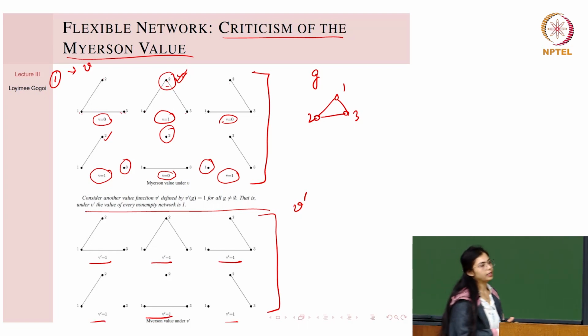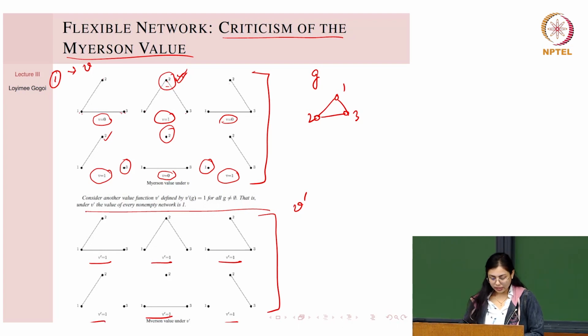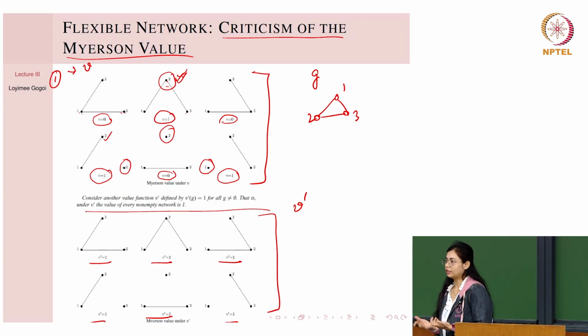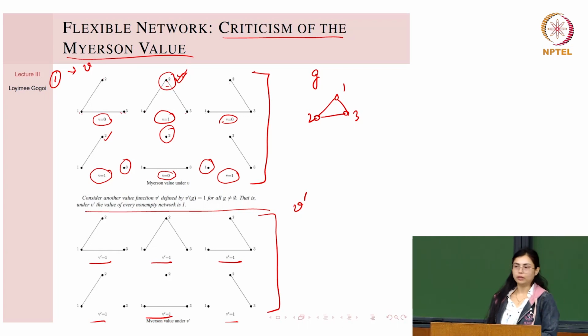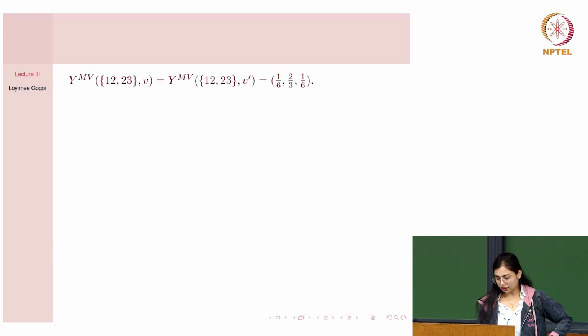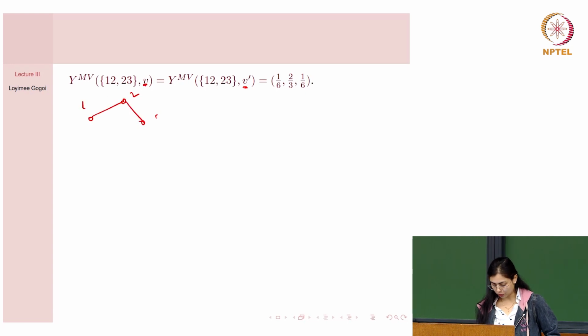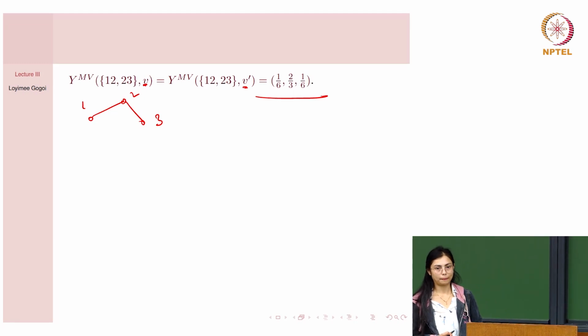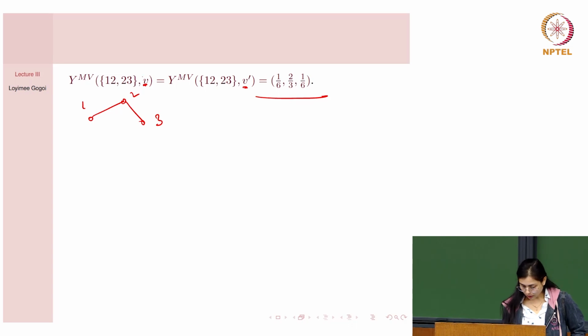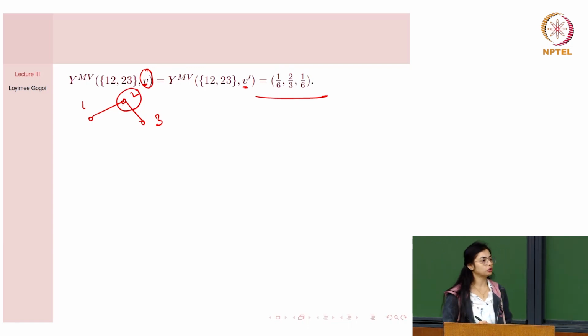Right? So here the thing is that everyone is equally generating the same worth, so they should get equal payoff, right? But if you calculate, you can see that for v and v prime, for the network structure 1, 2 and 2, 3, the Myerson value gives the same payoff. In v, as I mentioned, 2 is generating more, so definitely 2 should get more.